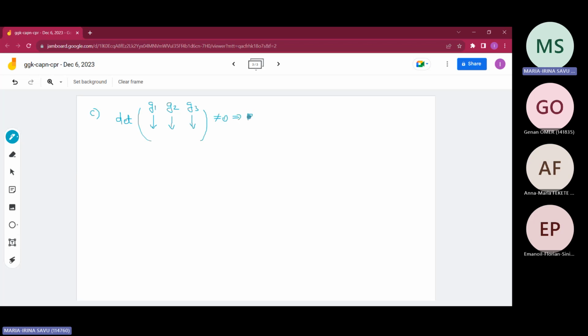So it means that B2 is a linearly independent system. And because the dimension of R3 is 3, and B2 has 3 vectors, it means that B2 is a basis of R3.